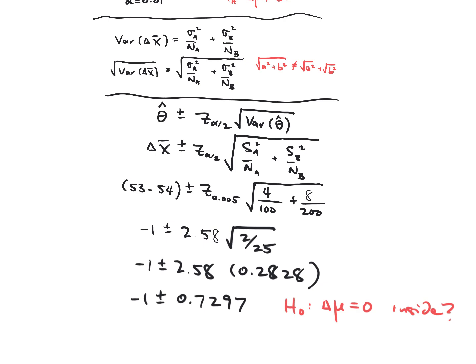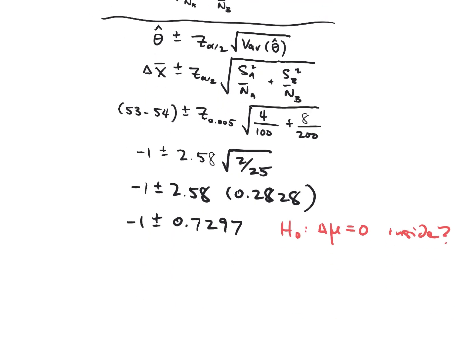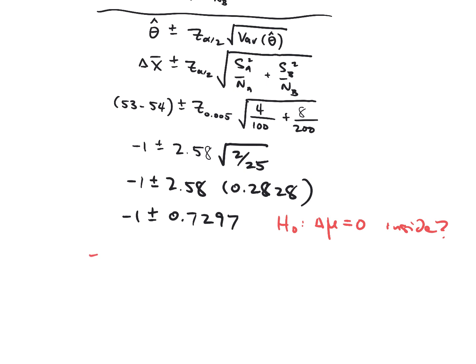The confidence interval goes from -1.7297 to -0.2703, right? Is 0 inside that? No.